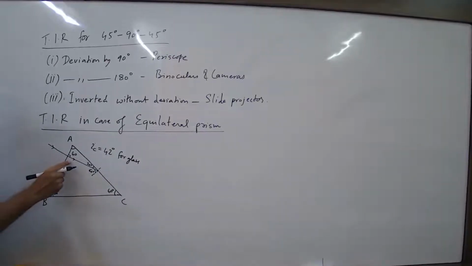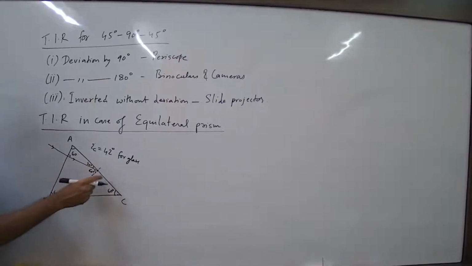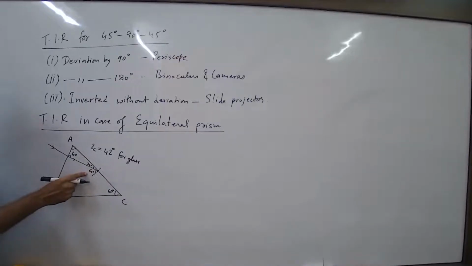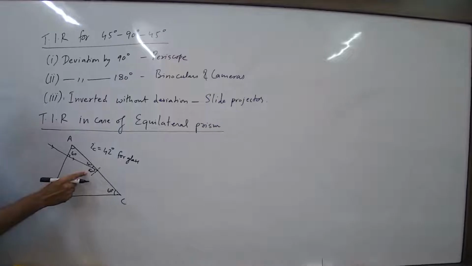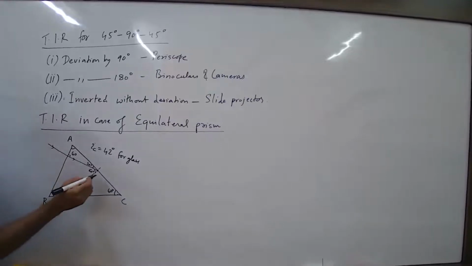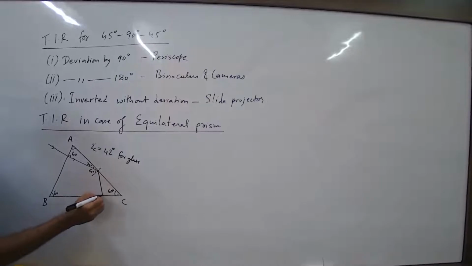Whenever light is incident at critical angle, its angle of refraction is 90 degree in the other medium. Is this critical angle or greater? Greater. Whenever light is incident with an angle greater than critical angle, and 60 is greater than 42, what would happen? Total internal reflection, right? So now the light will be internally reflected.